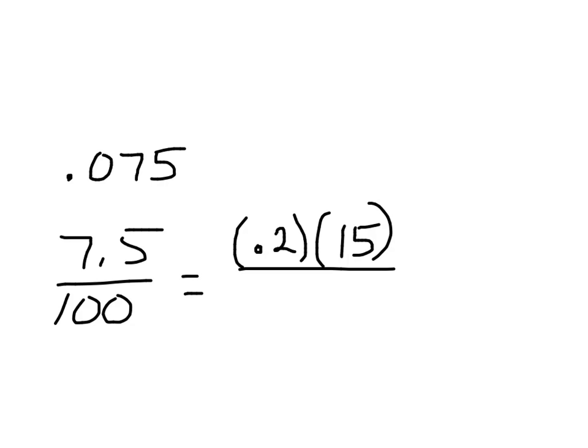Divided by the total weight of the mixture. You have 15, but you're adding more in. So 15 plus, I don't know. So, at this point, it becomes a cross-multiply situation.